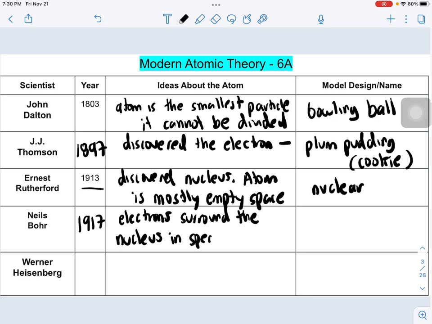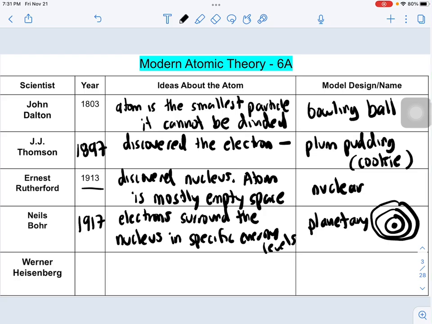I think you guys are pretty good with remembering this one. Okay? And we call his model the planetary model. Because if you remember, the electrons surrounding the nucleus in specific energy levels kind of looks like the different planets revolving around the sun.